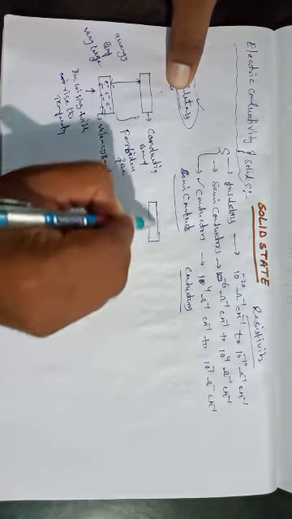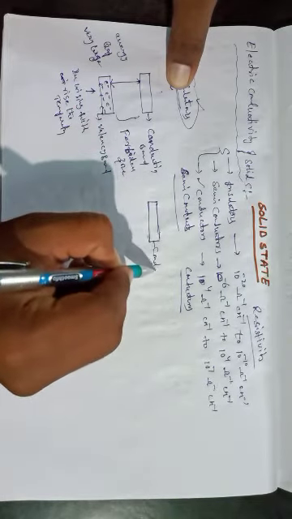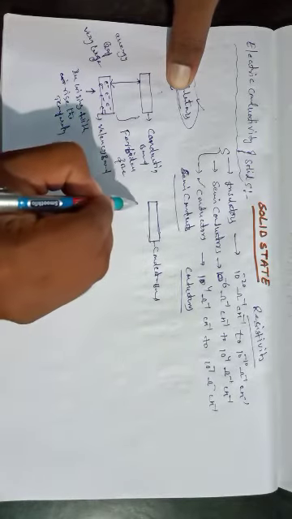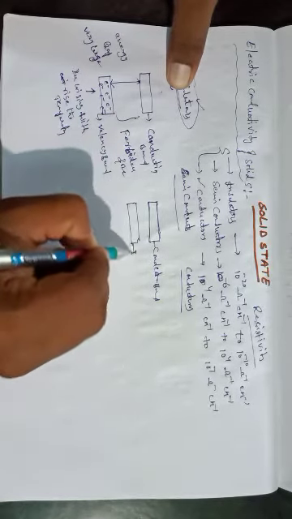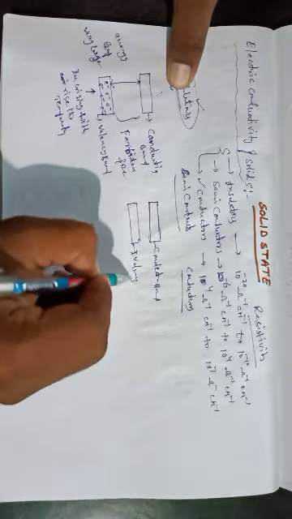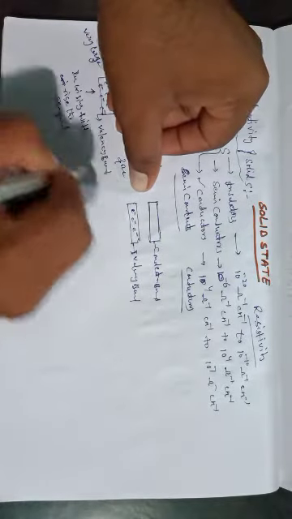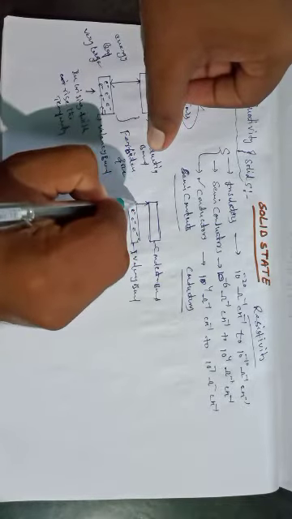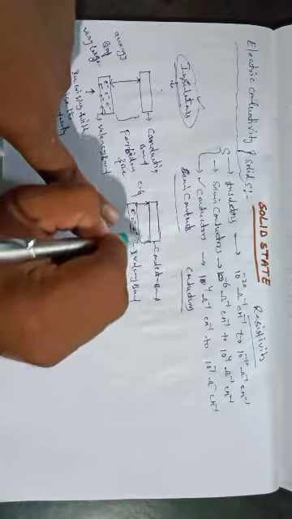Next we take semiconductors. This is the conduction band, this is the valency band. The valency band contains electrons. This energy gap is known as the forbidden zone.